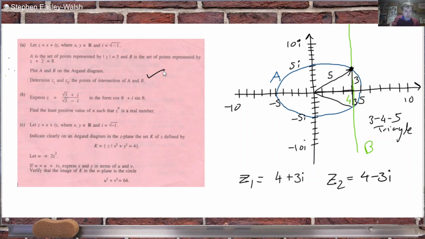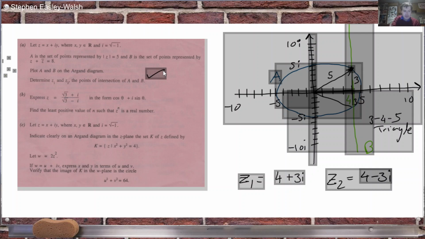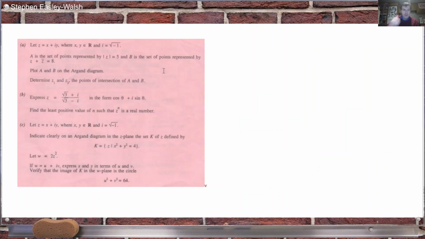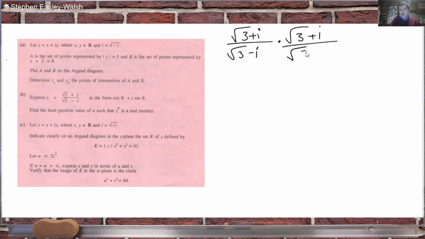The second question now. Okay. We want to write this in polar form. So root 3 plus i over root 3 minus i, times root 3 plus i over root 3 plus i. That will equal, in the denominator, 3 plus 1.